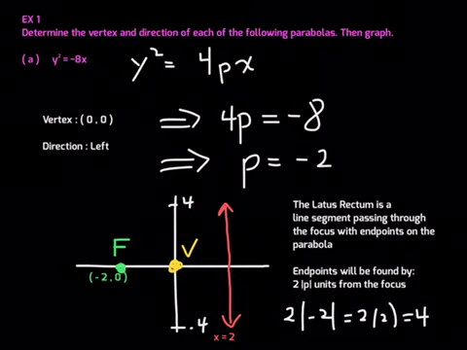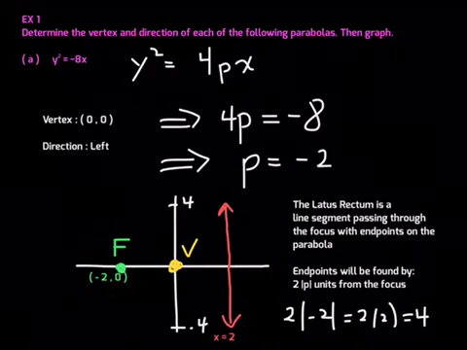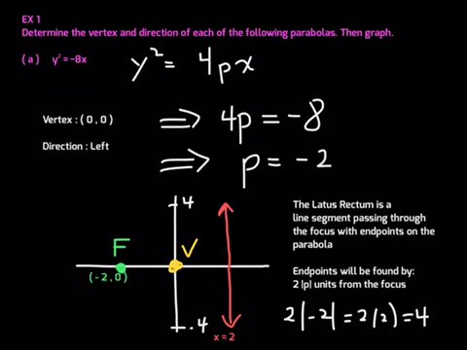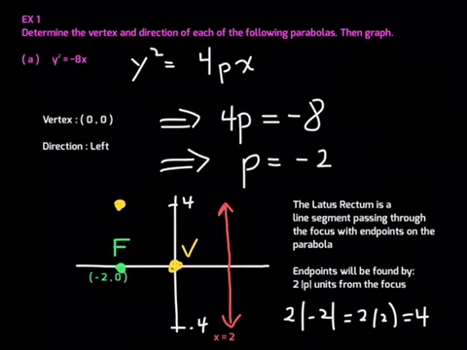We're going to go 4 units up from the focus and 4 units down from the focus. Did you catch that? That's going to give us how wide opening our parabola is. When I go 4 units up from the focus, I end up at negative 2, positive 4. When I go down 4 units from the focus, I end up at negative 2, negative 4.